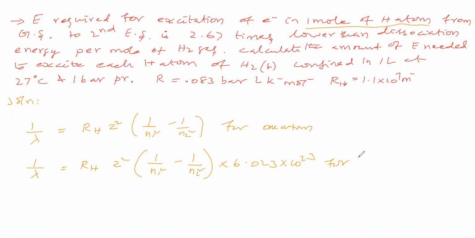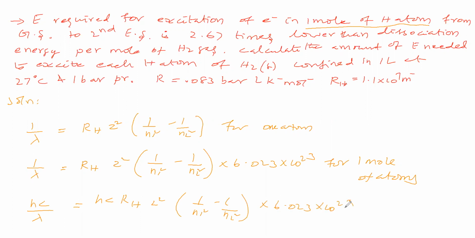It is for 1 mole of atoms. Here they are asking about energy required, therefore multiply with hc. So hc by lambda is equal to hc into RH into Z square into 1 by n1 square minus 1 by n2 square into Avogadro number. It is the energy for 1 mole of hydrogen atoms.